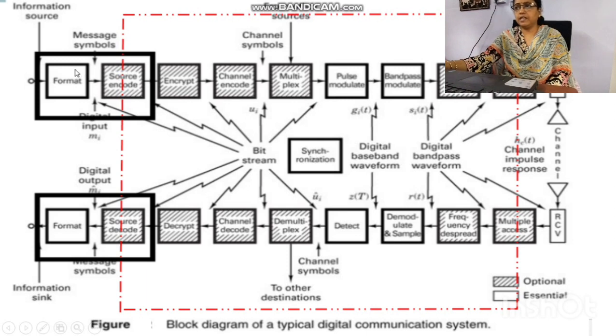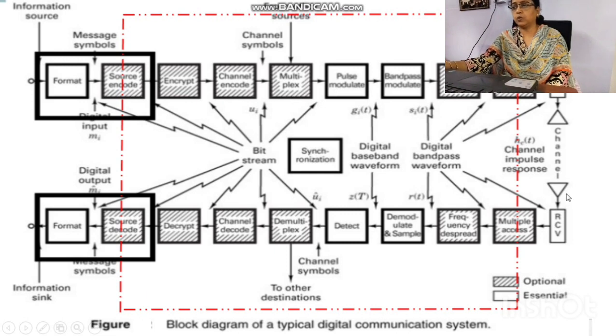Here at the top we have the format, then source encoding, encryption, channel encoding, multiplexing, modulation, then bandpass modulation, then frequency spreading, then multiple access, etc. Then it is given to the transmitter.